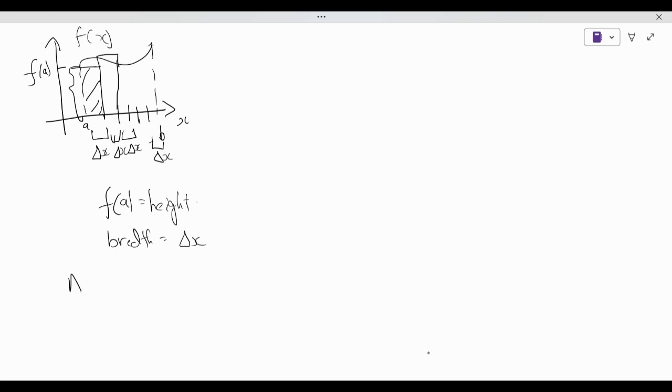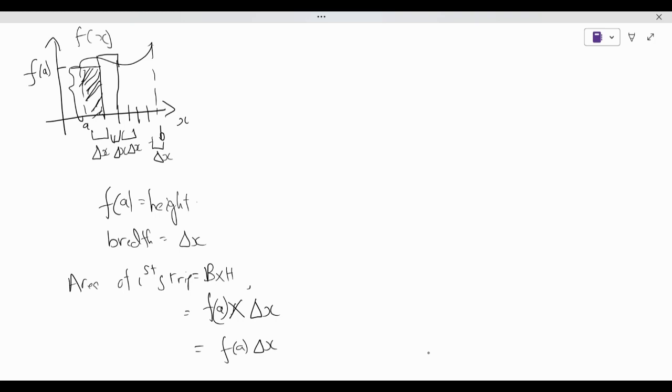Now, the area of the first strip, that is this portion where I have shaded, will be equal to breadth into height, which is f of A into delta x, which is equal to f of A delta x. This is the area of the first strip.